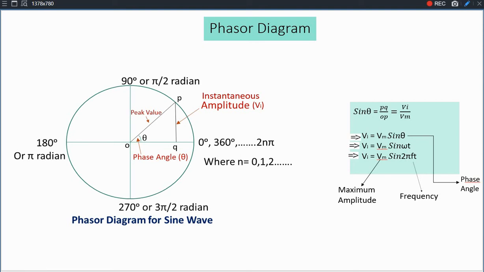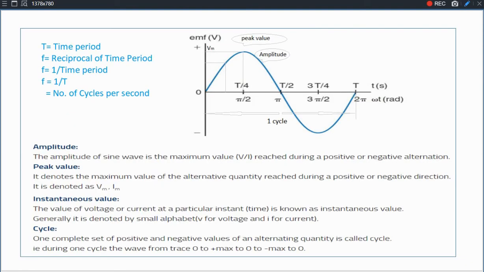Now, we have to understand the terminologies which are used in the sinusoidal waveform. The amplitude, here I am showing you the amplitude at any instant. This is the amplitude which is taken in the vertical direction, in the y-axis direction.